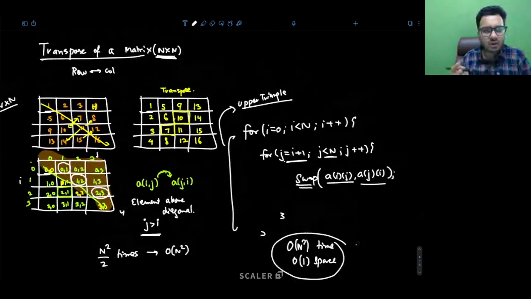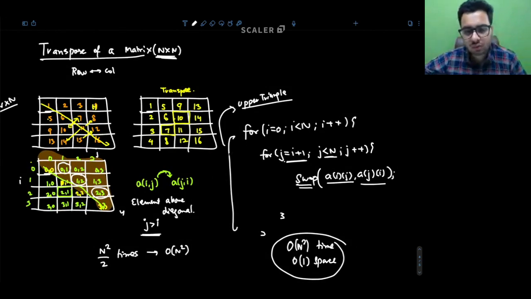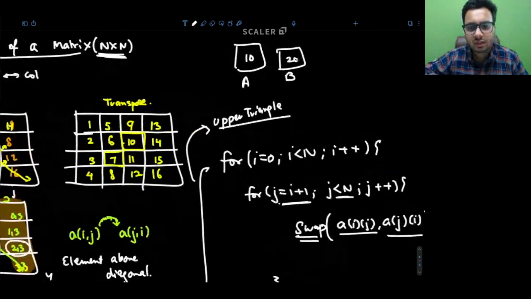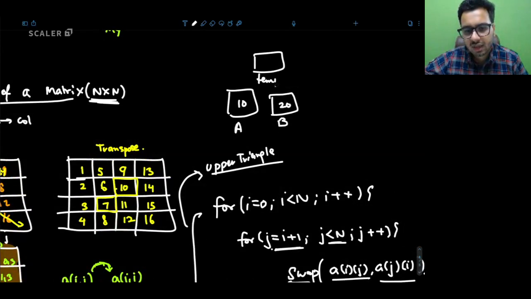See, swap is one function that you can define. How do you swap two numbers? Do you remember? Say there is a bucket with 10 and a bucket with 20. I will create a temporary variable and put a there. Then I'll put b into a, and I'll put temp into b.